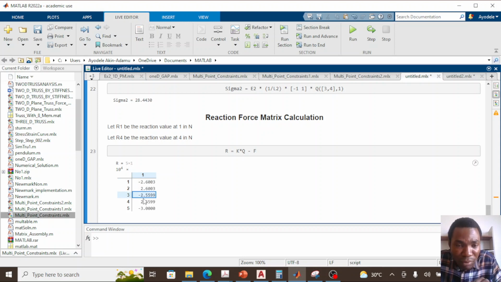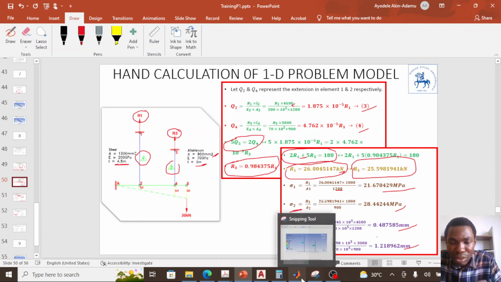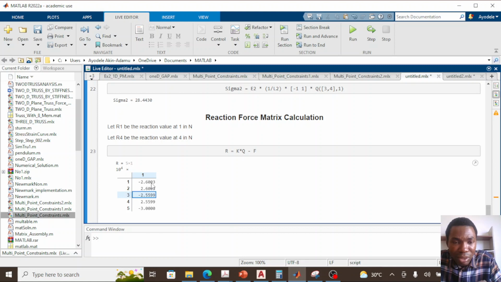At node 3 we have minus 2.5599. Let's check these two values. In my hand calculation, R1 is 26 kilonewton, which is the same thing: minus 2.6 times 10 raised to power 4, minus 26.003 kilonewton.